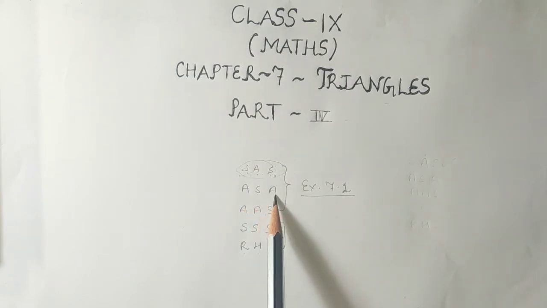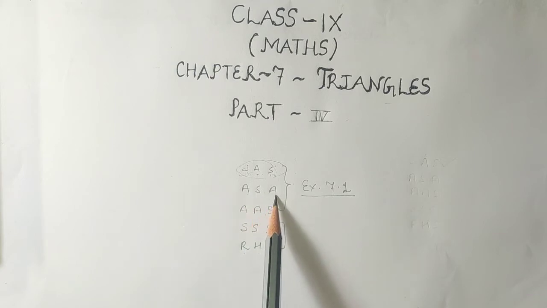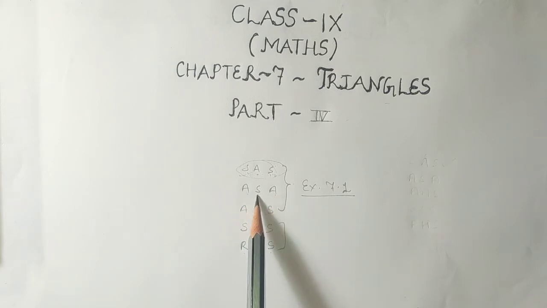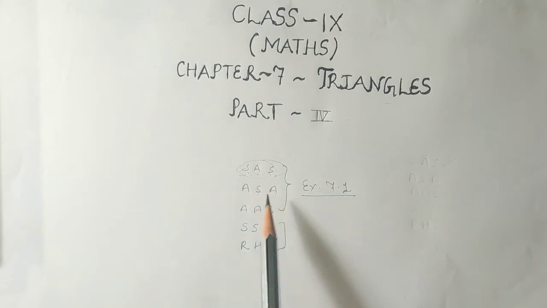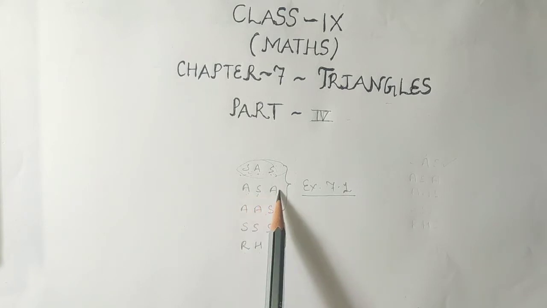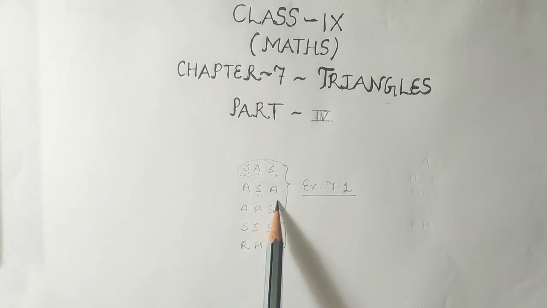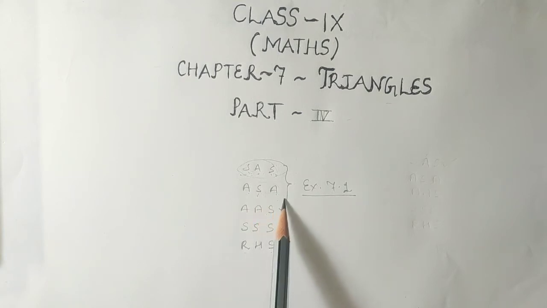In angle side angle, if there are two triangles and two corresponding angles and an included side of one triangle are equal to two angles and the included side of another triangle, then the two triangles are congruent by the criteria angle side angle.